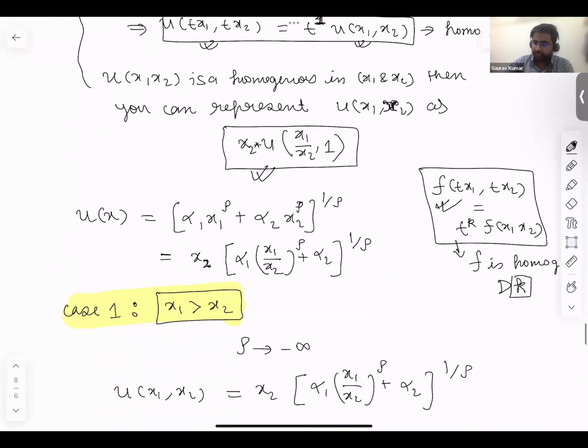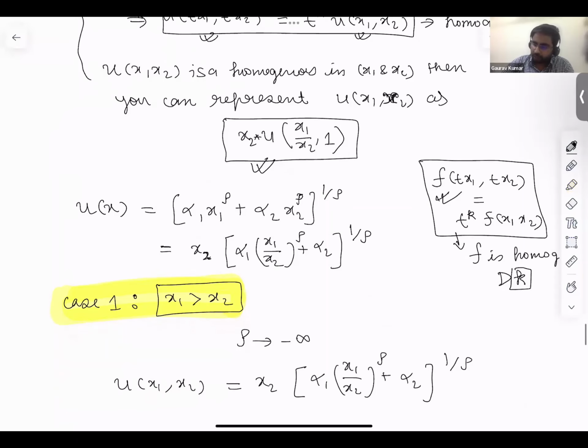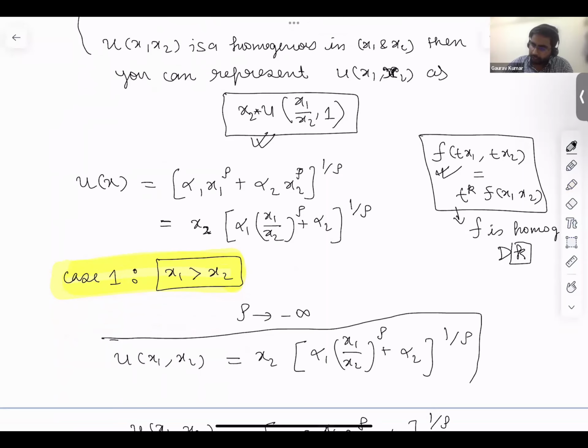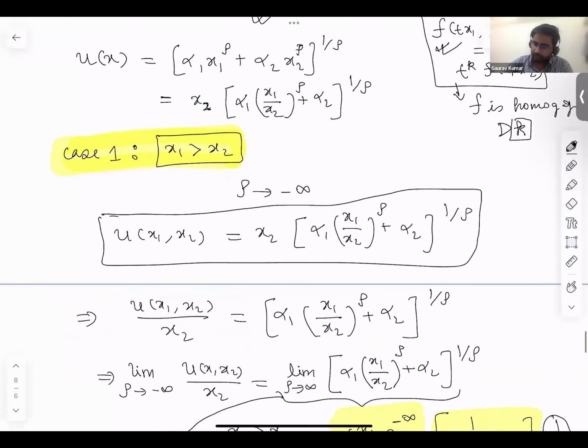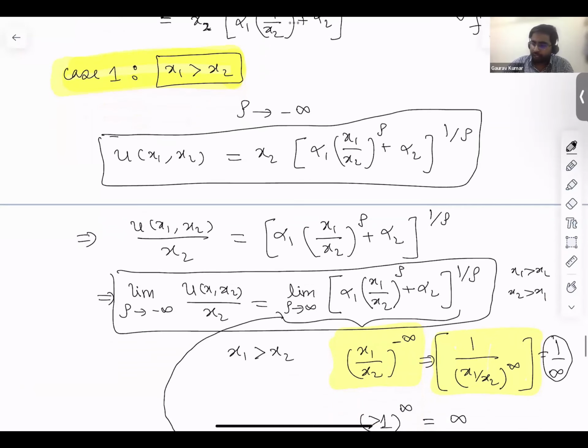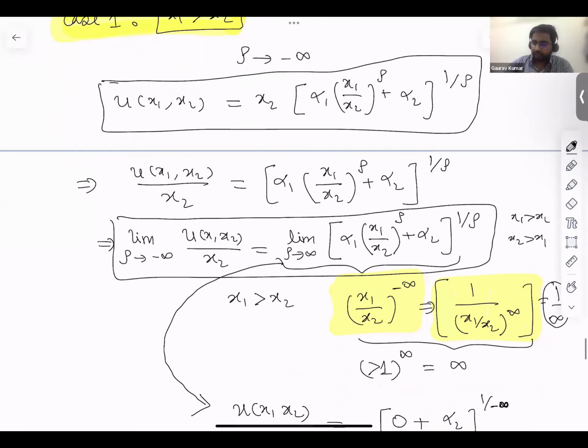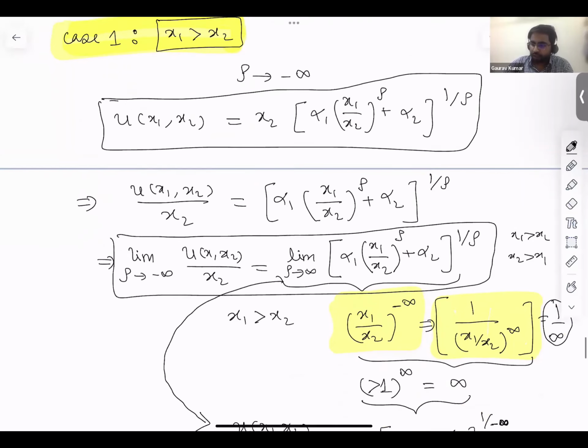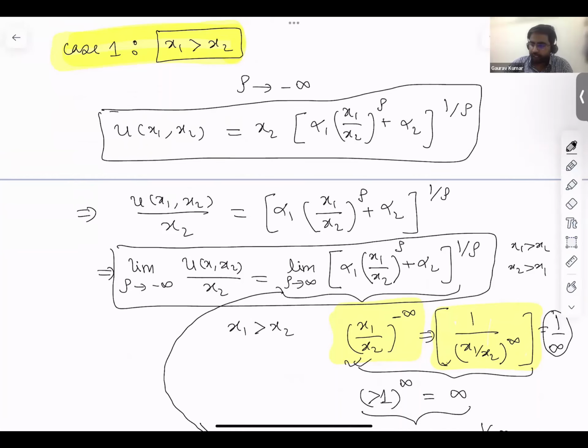Why? Because when you come here and you start applying limits in the next step, then you need to know whether x1 is greater than x2 or x2 is greater than x1. Because when you know that, only then you can use these things. I could use this thing here because I knew that x1 is greater than x2.